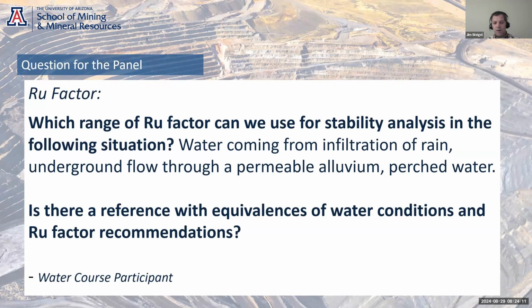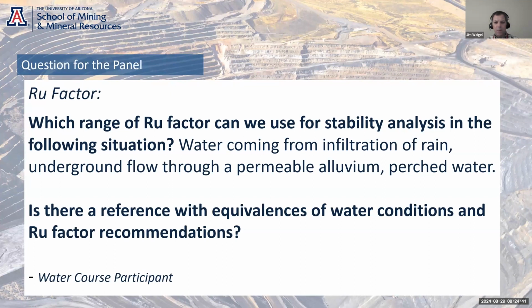In general, across all the site, I think our average change in RU due to snow melt is around 0.08. But then we do have some localized areas that are 0.12 and sometimes a little bit higher than that, just following the snow melt or during a precipitation event. So I don't know if there's a really good general number to use.